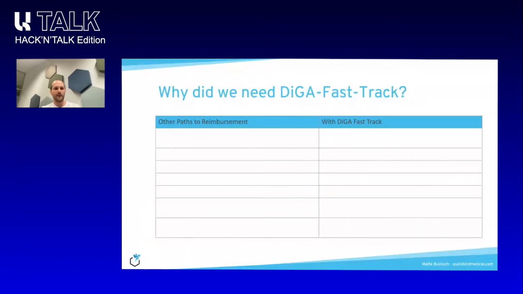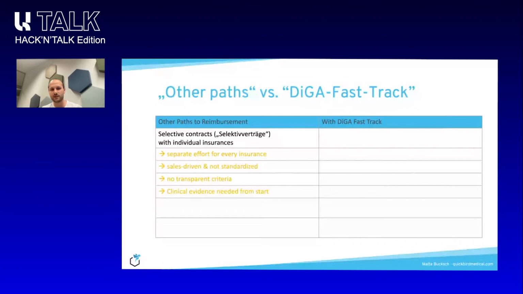And that's also good to compare with the state before. Before we even had the DiGA fast track, as it's called, the path to reimbursement, to financing your application, was harder in some ways at least. For example, what you can still do is have selective contracts with individual insurances. So you can go to every single insurance, basically knock on their door and ask them if they would reimburse your app.